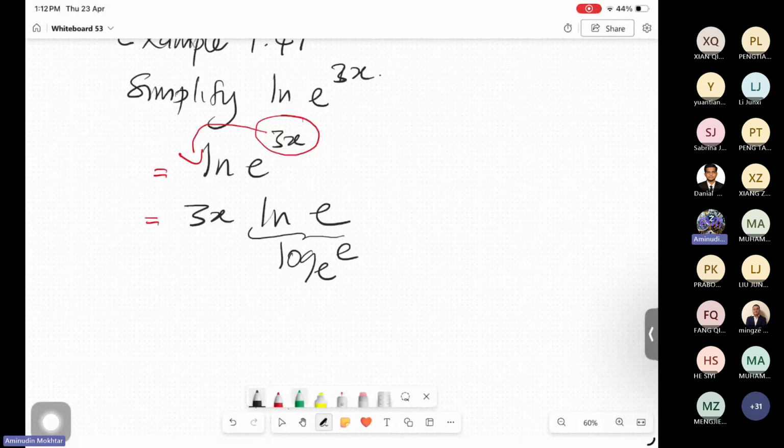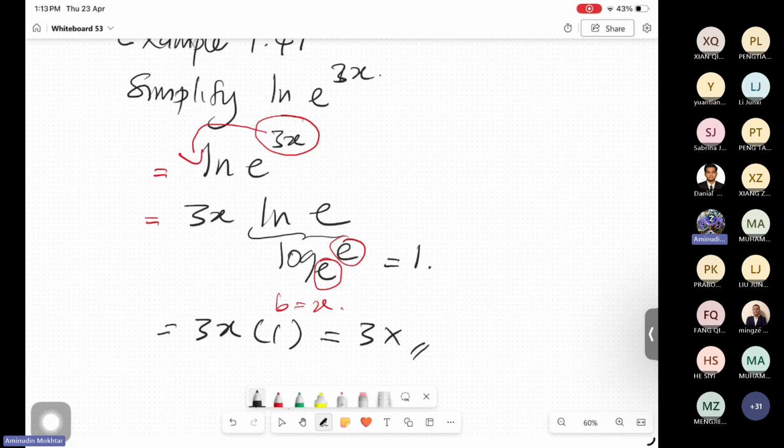So in this case, if you refer to the properties of log, I think property number 6, the base and the x are equal, so this value is equal to 1. So 3x times 1 is equal to 3x. That is the answer, because ln e is equal to 1.